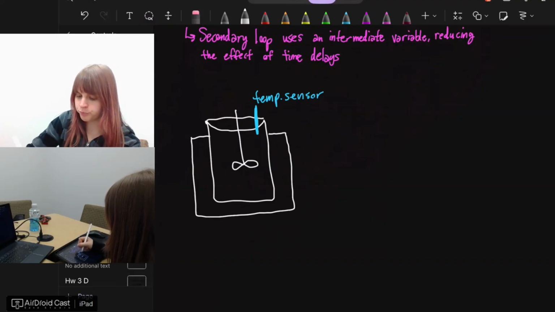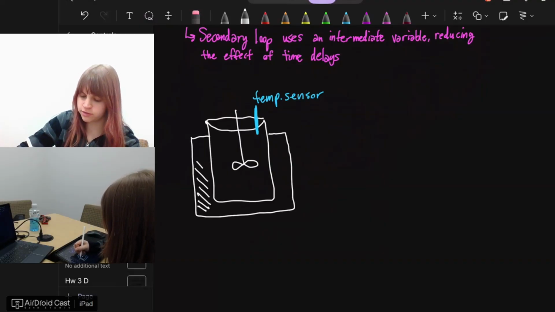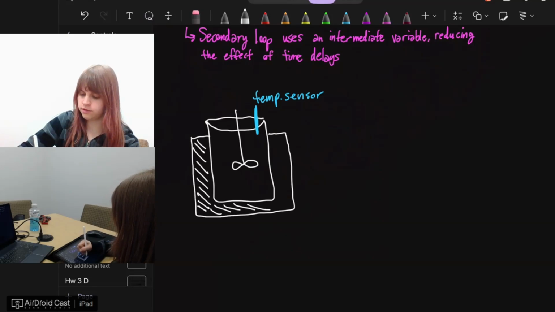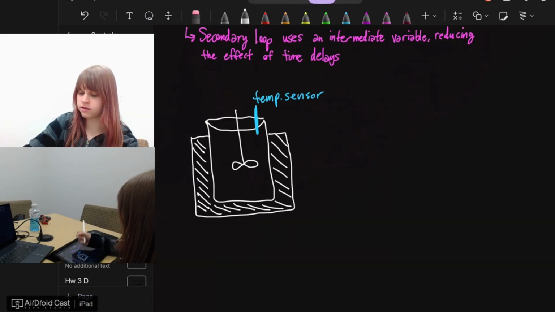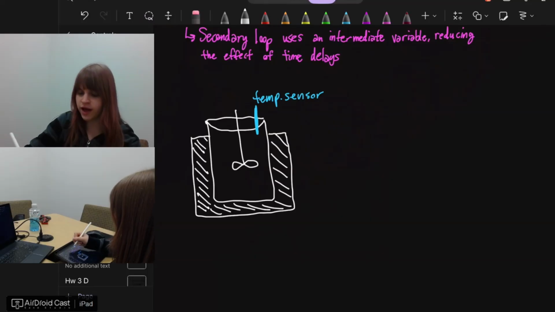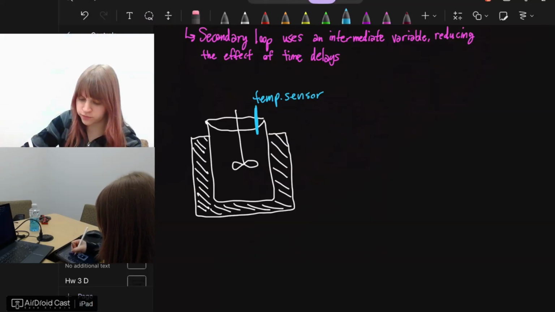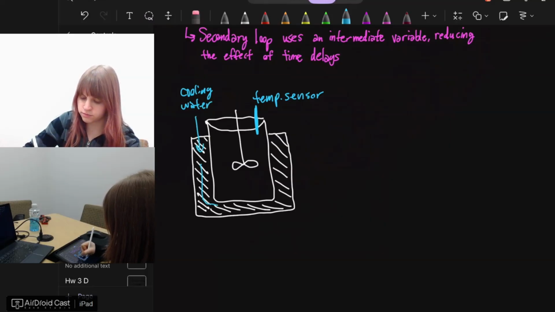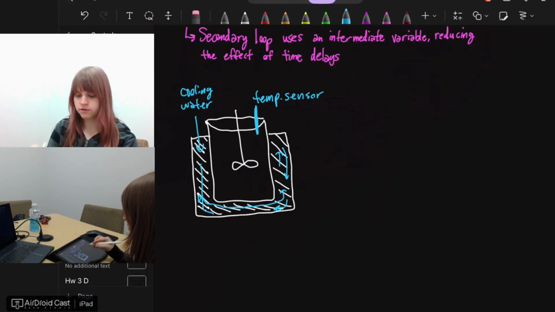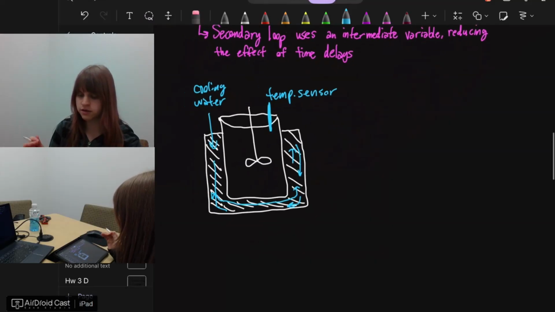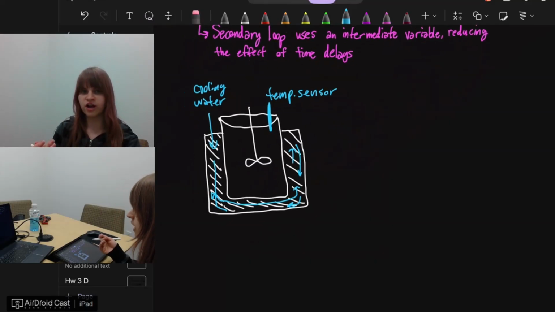The reaction that we're performing in this tank is exothermic, so we have to send cooling water through the jacket. And it's continuously recirculating so that the temperature stays more consistent throughout the jacket.